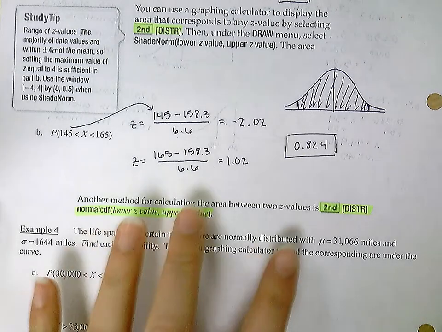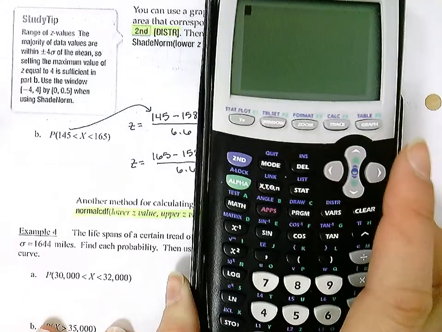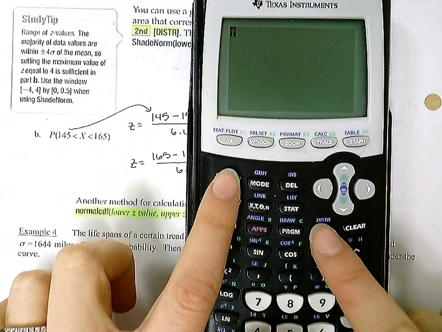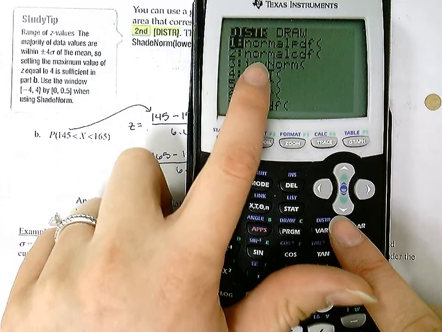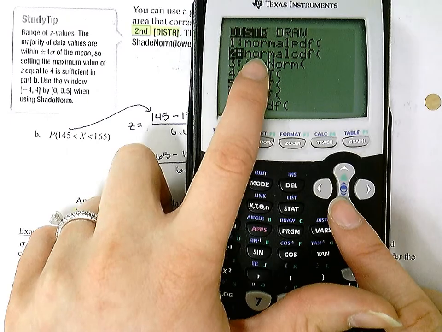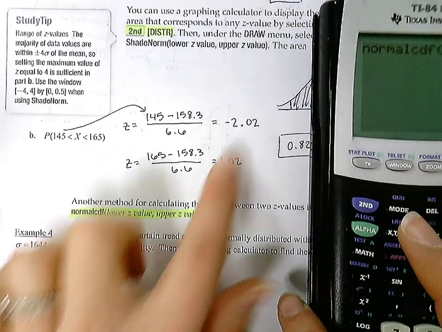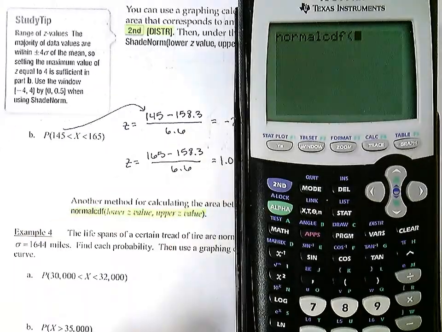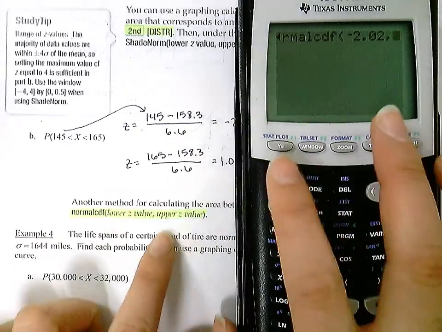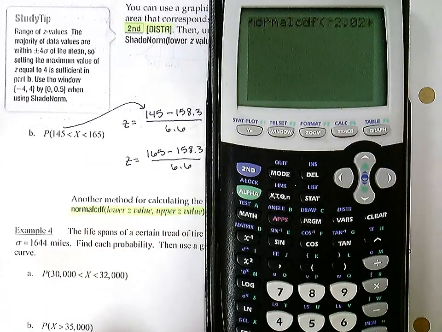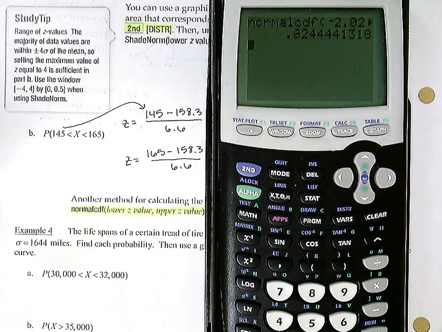If I do that with the data I just had, again, second distribution, you want to go down to normal CDF on that first screen, press enter, enter in your lower value of negative 2.02, and then your upper value of 1.02. And you get that area, which is 0.824, without even graphing it or anything.